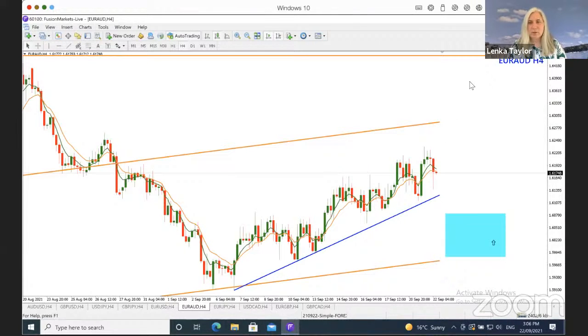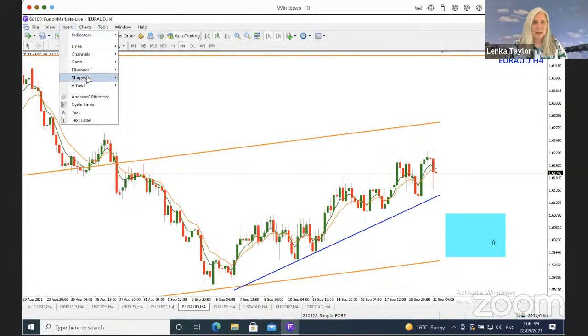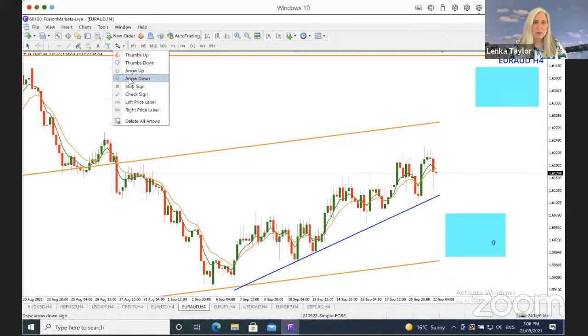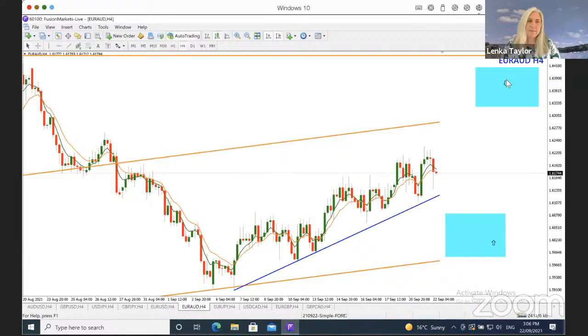Otherwise, if it keeps going up, then I would wait until it gets to around this area and then look for a short. And if it comes back down, then still looking for a long because we do have enough room there.